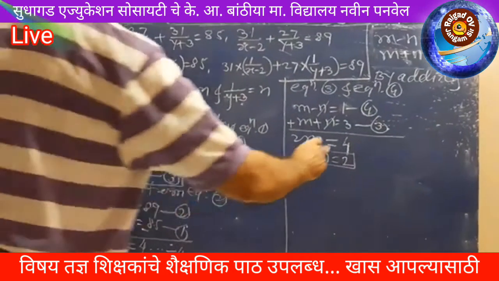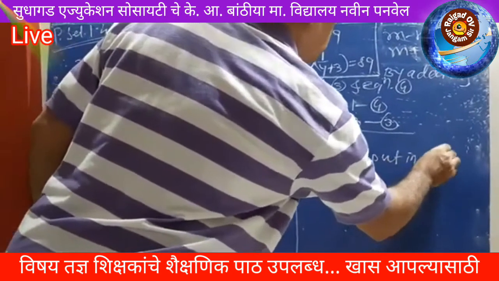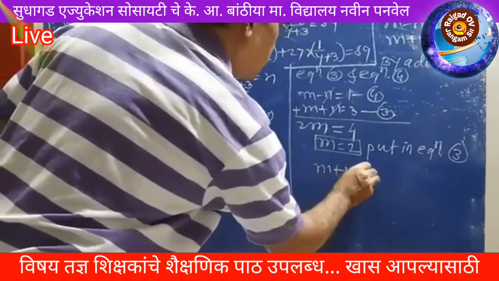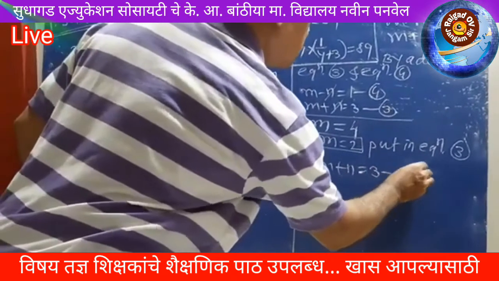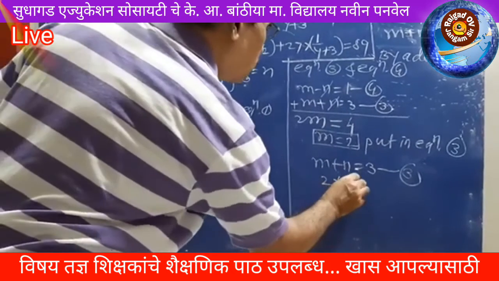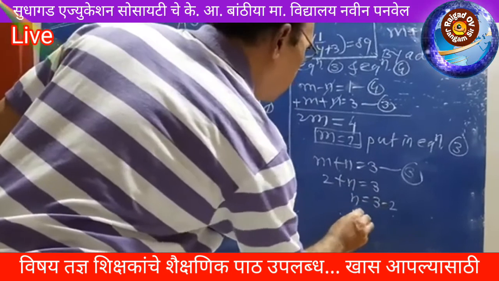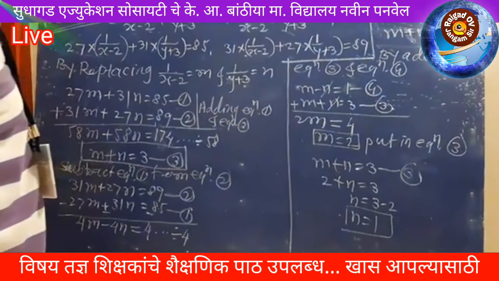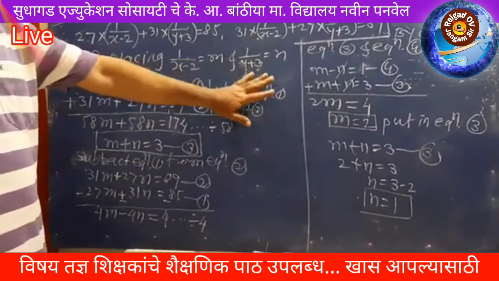Now we have to find n. Put in equation 3: m plus n is equal to 3. Except m, we write 2. 2 plus n is equal to 3, means n is equal to 3 minus 2, and therefore n is equal to 1. m is 2 and n is 1. But the example is not complete here.